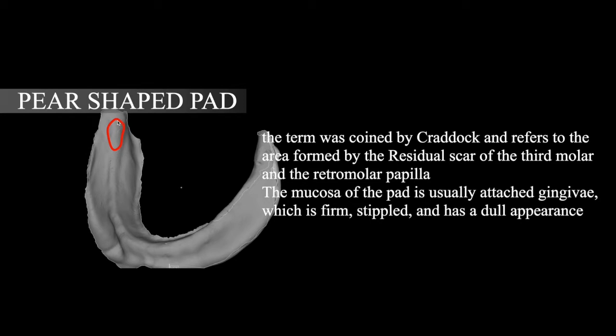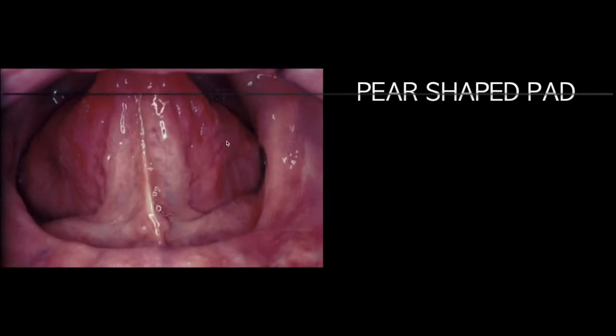The mucosa of the pad is usually attached to gingiva, which is firm, stippled, and has a dull appearance. So this is the area we call the pear-shaped pad, and one of the most important landmarks for mandibular anatomy.